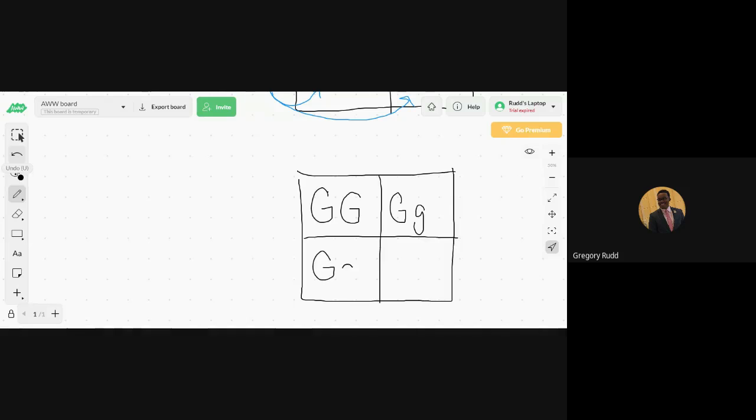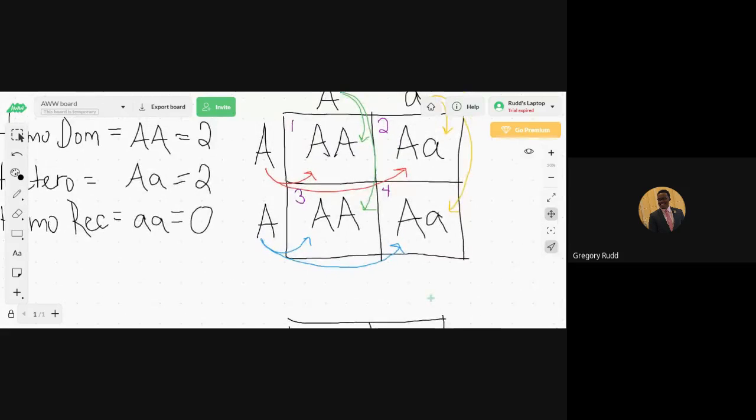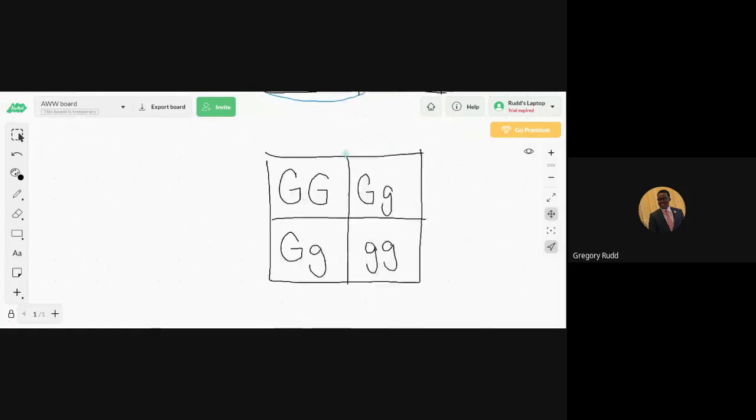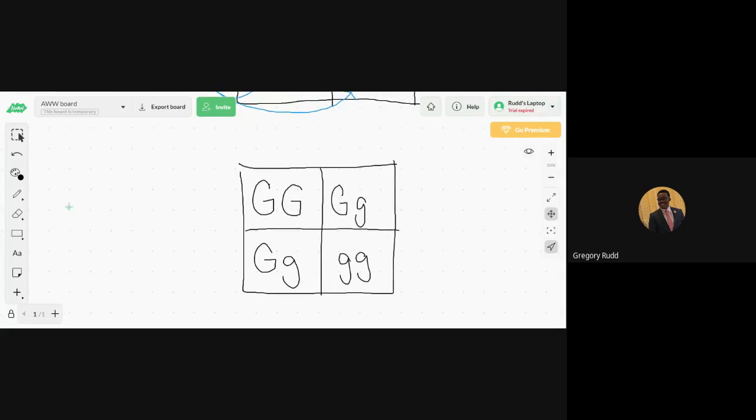So this time, I'm giving you the genotypes of the offspring, and I want you to give me the genotypes of the parents. How can I do that? If I've already got what's inside of the box, can I figure out what is on the outside of the box? Yes, I can do that. All I need to do really is reverse the arrows. These arrows that we did last time, I really just need to reverse them and take them the opposite direction. And I only need to do it for 2 boxes. So let's see what I mean by that.